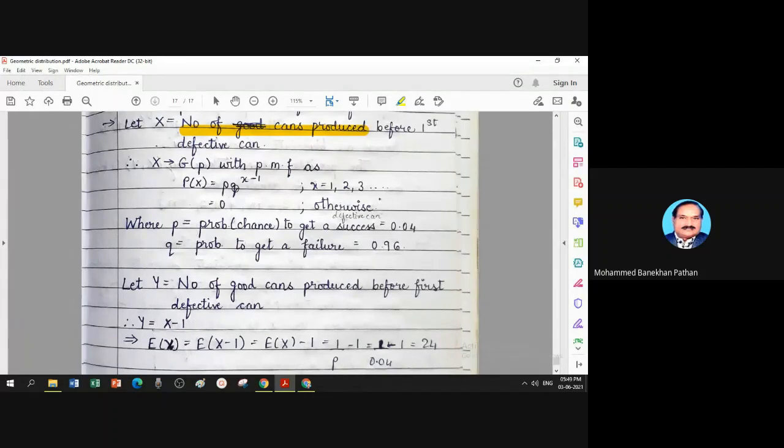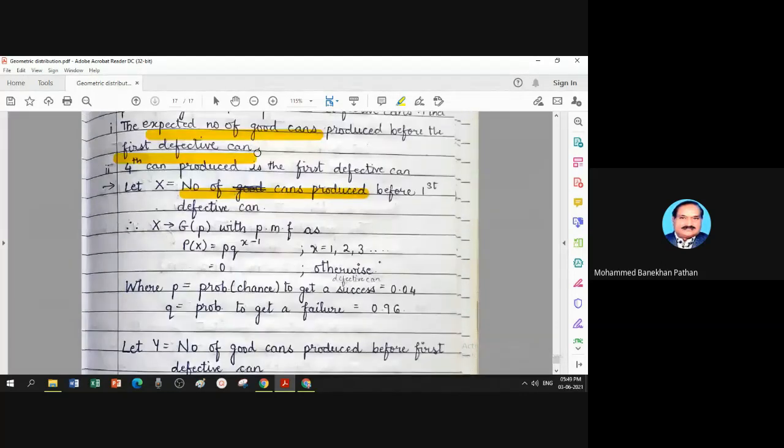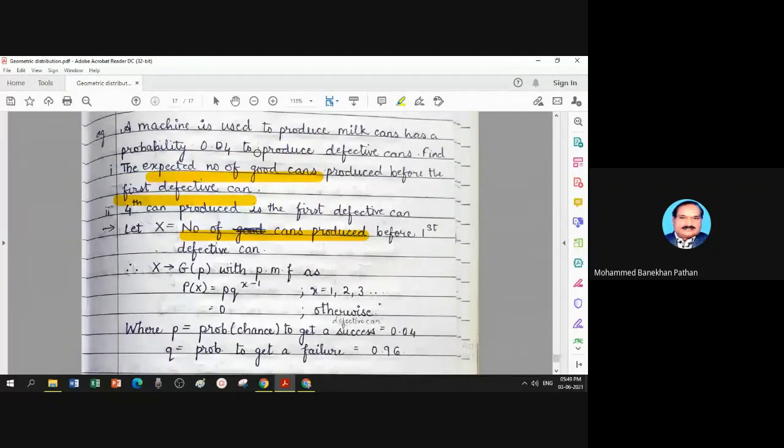Now in this formula, what is P and what is Q depends on the information. The question says a machine produces milk cans with 4% defective cans. I define X where success is a defective can.